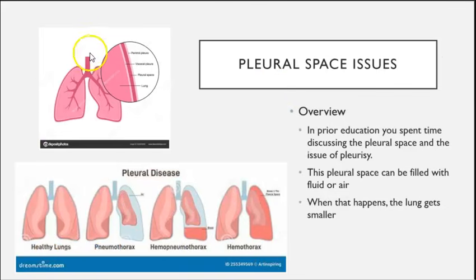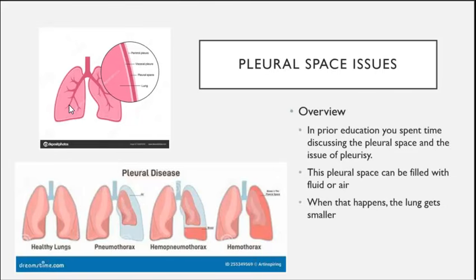Pleural space issue. So when we look at our lung, we have this nice little pleural space. It's like a lining that protects the lung. It has some serous fluid in there so that our lungs can inflate and deflate without rubbing against other tissues.